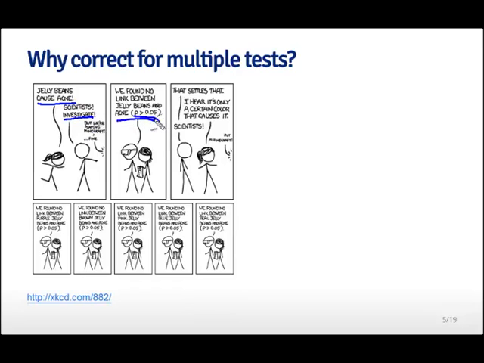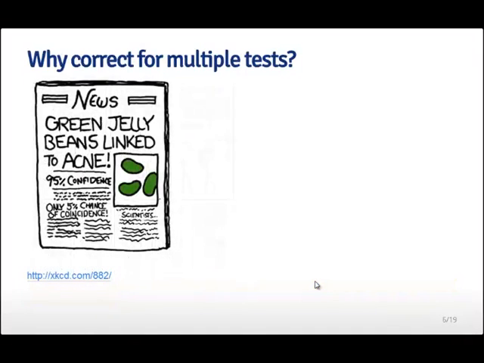And so the next thing that they might do is go and test all the different colors of jelly beans individually. Say, well, is there a relationship between purple jelly beans and acne, brown jelly beans and acne, and so forth? And in each case, they get a p greater than 0.05, so they don't report a significant result. Until finally, after they test over 20 different kinds of jelly beans, they come up with one that is significantly associated with acne, green jelly beans.